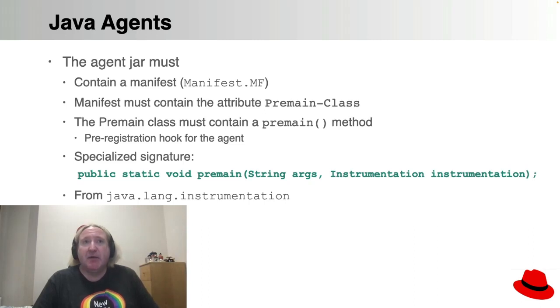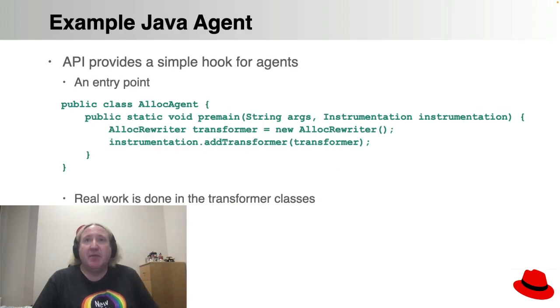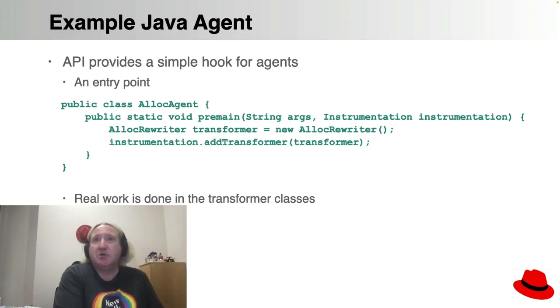So basically there is an API with a very simple hook. There's a class called Instrumentation, and you can add bytecode transformers and weavers, and then add them in as class transformers into Instrumentation. That's where the real work is done, so that when the premain method exits, those transformers have been registered, and those transformers will be able to rewrite and spin up new code and to insert bytecode into classes as they're loaded.